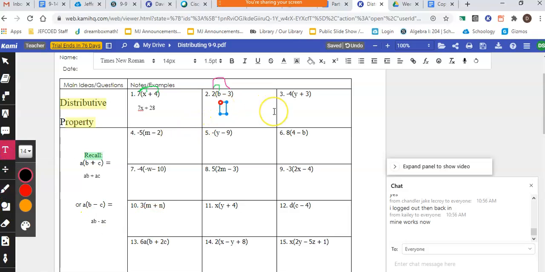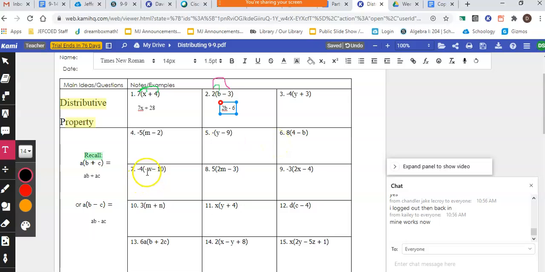So when you use the distributive property and distribute it across, you should end up with 2b, and then 2 times that negative 3, that should give you the negative 6. We pretty good there? All right, now we're going to skip number 3. It's the same concept, guys, except just with a negative value in front. I don't want to spend a whole lot of time just focusing on the multiplying of negative values, okay?